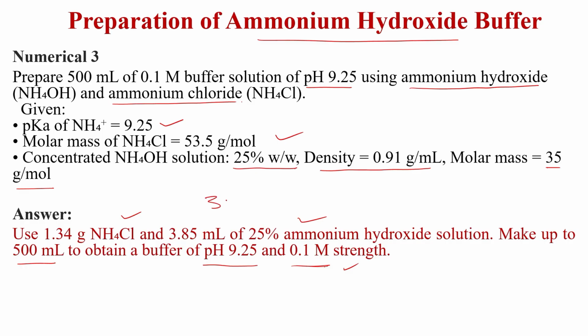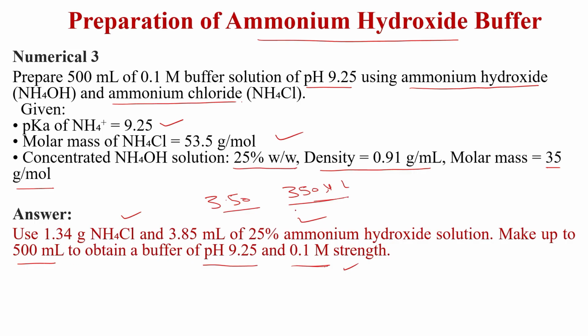Say you are taking 3.50, and the remaining 350 microliter will be there, and that will be used to adjust the pH at the end.